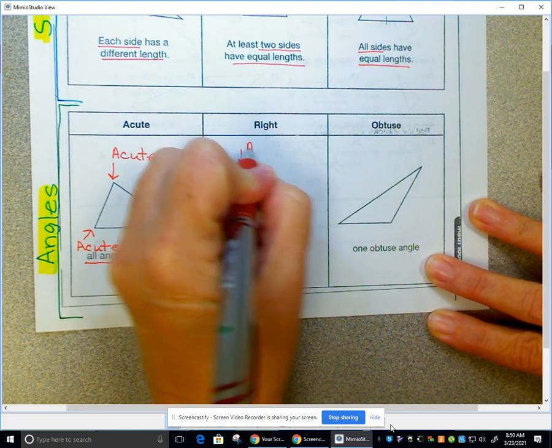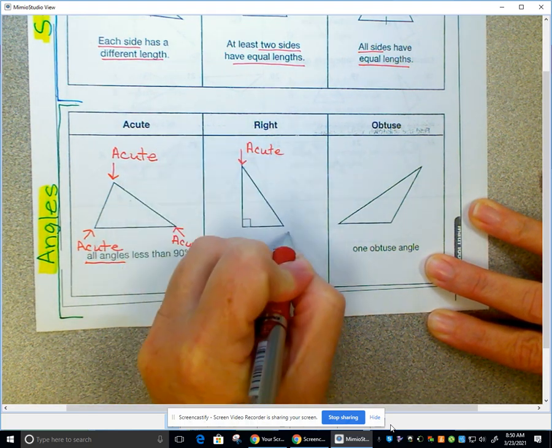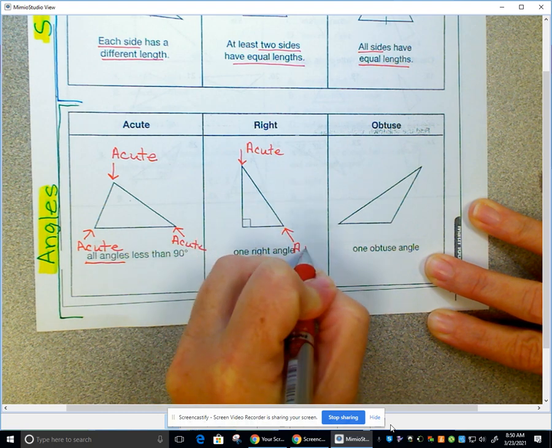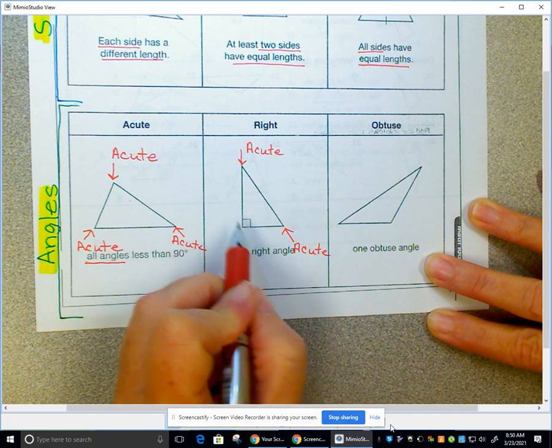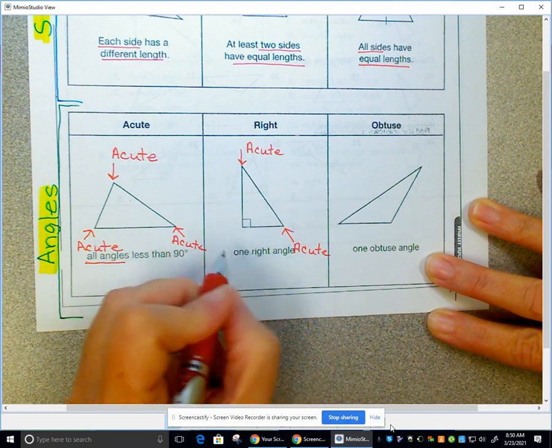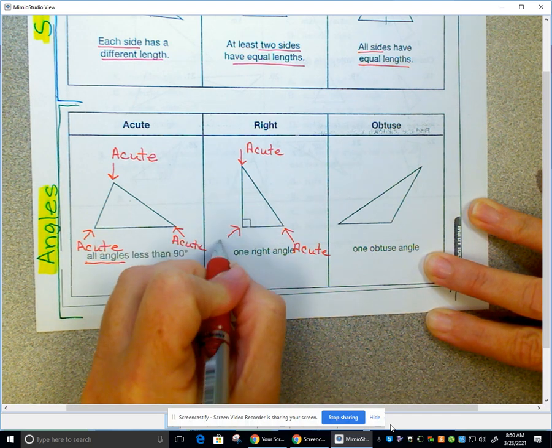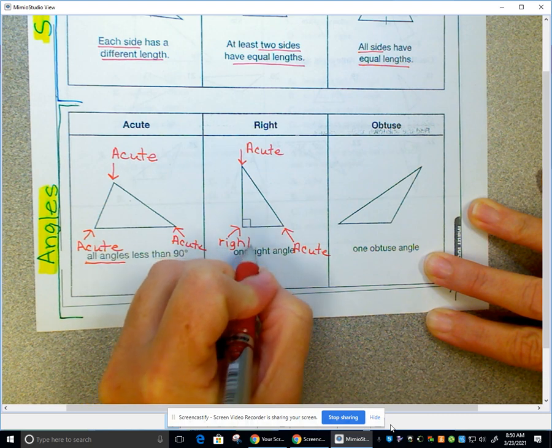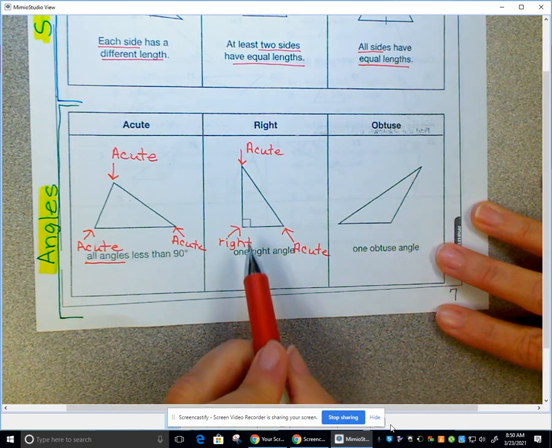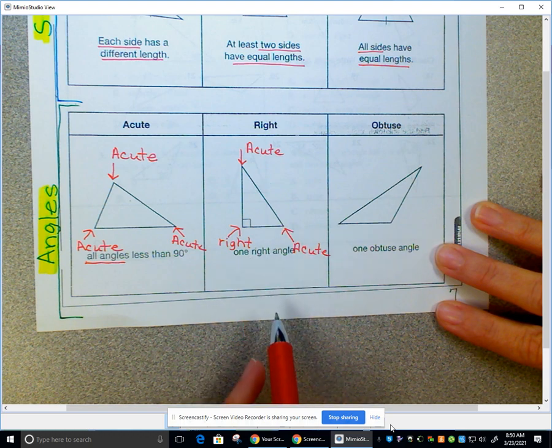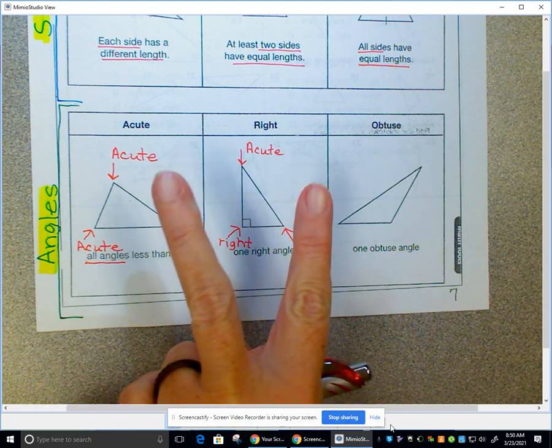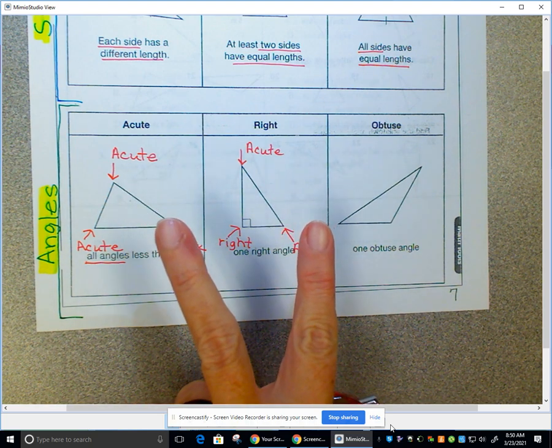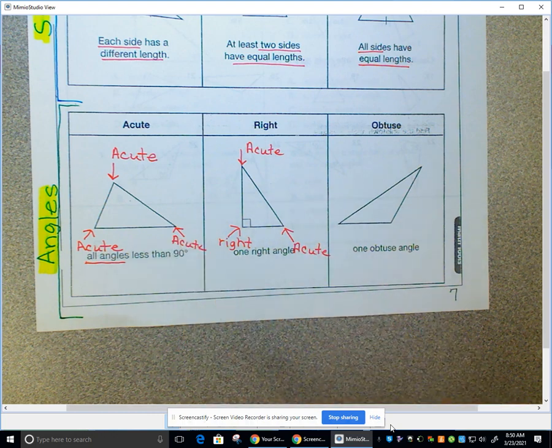There's acute. Here's acute. And there's my third angle. And what is that? It's not an acute angle. It is a right angle. So that names the triangle. This is a right triangle because it has 1 right angle. Remember, every triangle will have 2 acute angles. The third angle will give it its name.